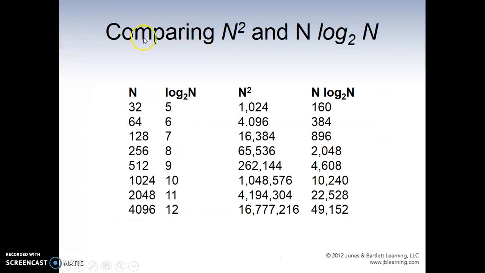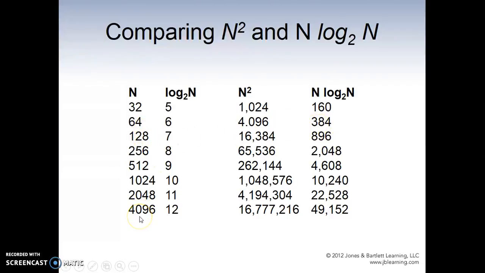Now comparing n squared sorts like selection sort, bubble sort, and insertion sort to MergeSort at n log n: when we have 32 elements, n squared is going to cost you 1024, and n log n is going to cost you only 160. If we have 64 elements, it costs 4096, and n log n only 384, and so on.